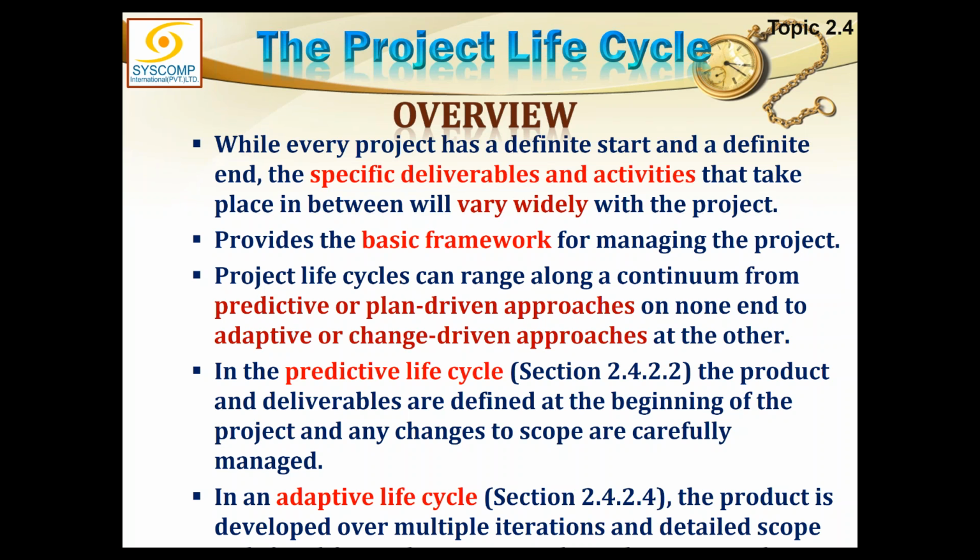But some projects which are adaptive in nature are change driven, and in such projects we can never be sure what we are going to do in the next phase. So we come up with an outline plan for the whole project, then divide it into phases, and we describe the first phase in detail and start working on it.